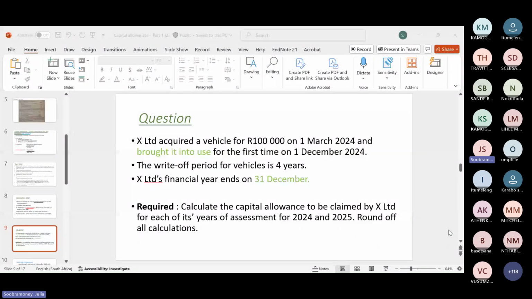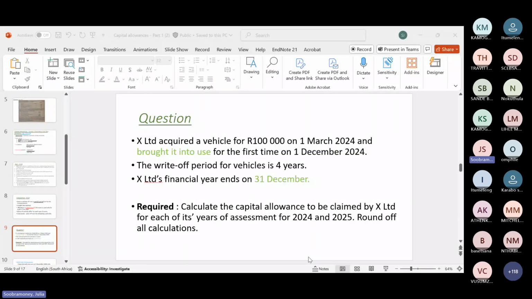So what will be the first day of my year of assessment? You can type it out or you can put your mic on and tell me. 1 Jan. Correct. The first day of my year will be 1 Jan 2024 to 31st December 2024. So that is the tax period I'm working in.